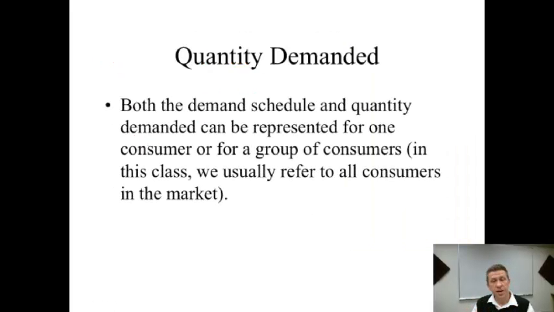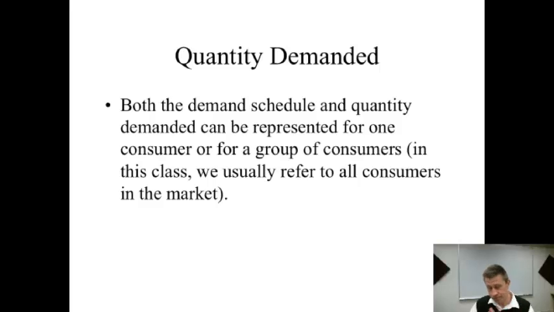So both the demand schedule and the quantity demanded could be for one person, like what we just had for Helen, or it could be for a group of consumers. Once we get going and understand these concepts, most of the time we'll be referring to a group of consumers.